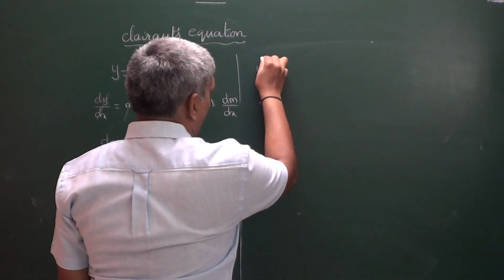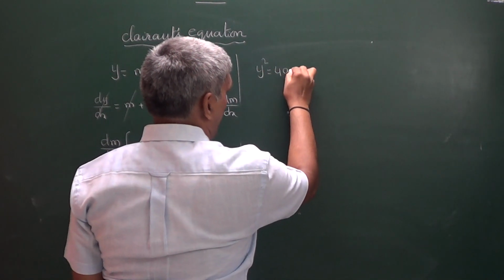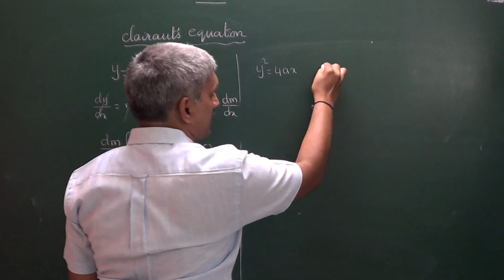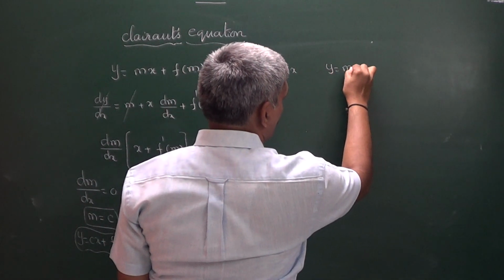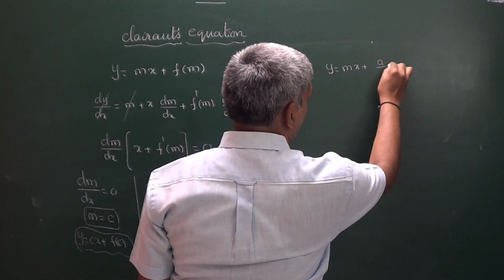For the parabola y² = 4ax, the equation of tangent is y = mx + a/m.